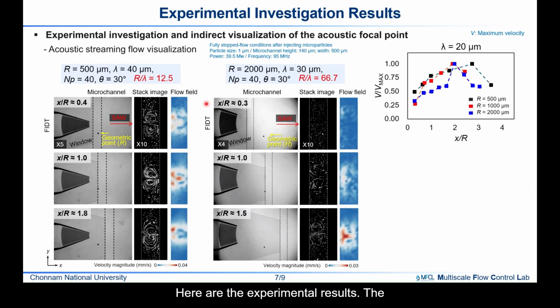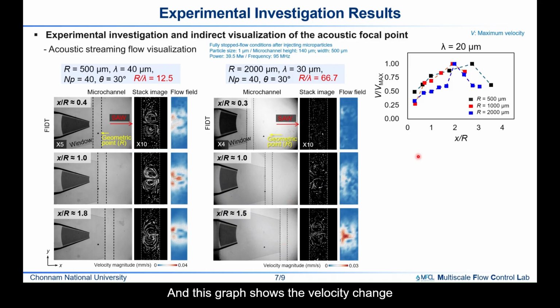Here are the experimental results. The small mark shown here indicates the geometrical focal point. I observed that the acoustic streaming flow became faster when the microchannel was located beyond the geometrical focal point.